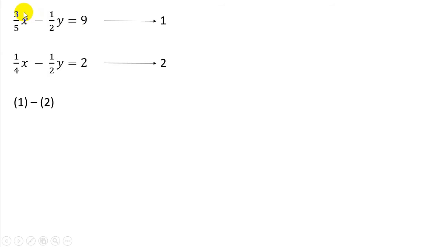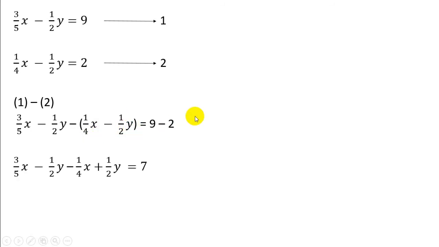So I'm going to subtract equation 2 from equation 1. I write 3 over 5x minus 1 over 2y, and since I subtract, as I said earlier and am repeating again, the second set of terms you always write within brackets. So minus, in brackets, 1 over 4x minus 1 over 2y equals 9 minus 2.